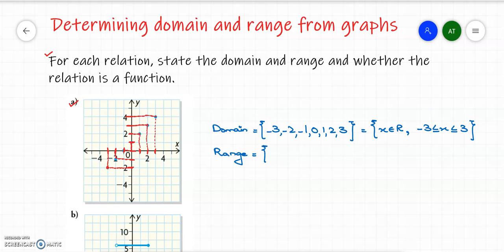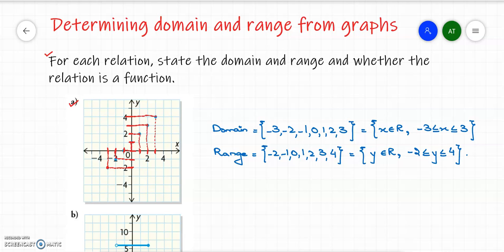So the range is -2, -1, 0, 1, 2, 3, and 4. Or we can say that y belongs to real numbers and all the y values between -2 and +4 are covering in the range of this function in terms of an interval notation.